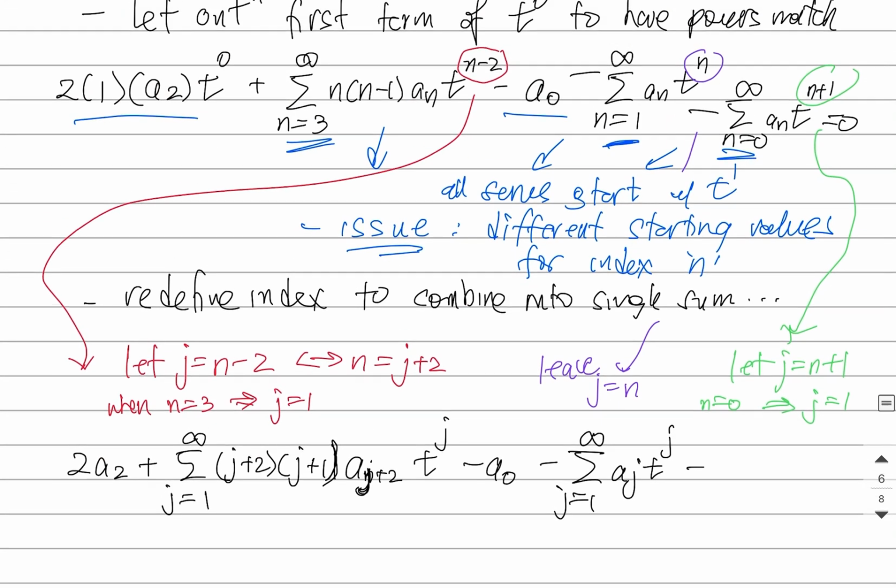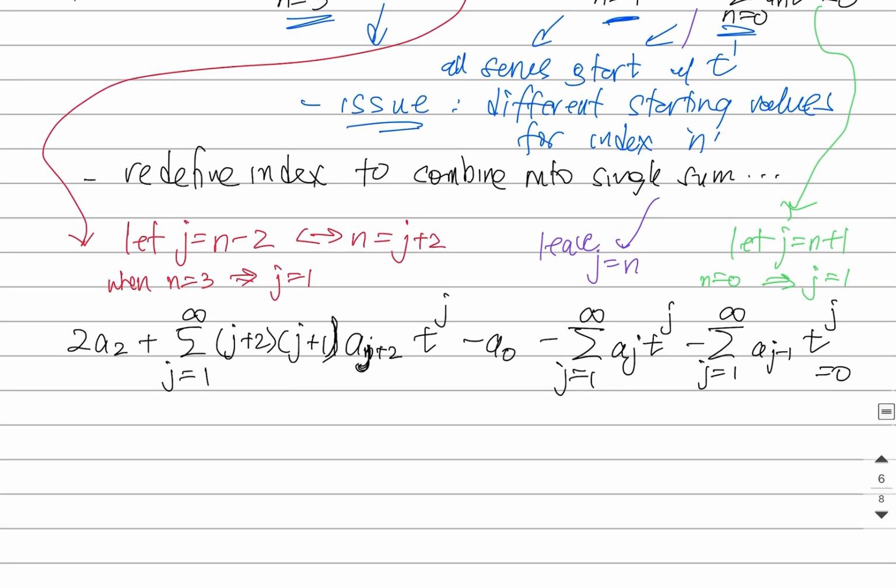And that means in this summation, I'll have j equals 1 to infinity, a sub j minus 1, t to the power of j. All of this equals 0. So it's pretty tedious, but all of that work needed to get done so that we could finally combine things into one series.